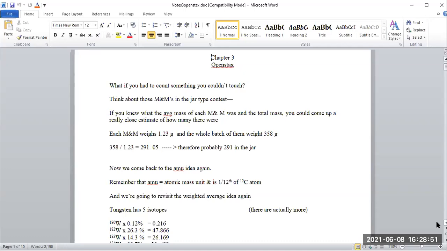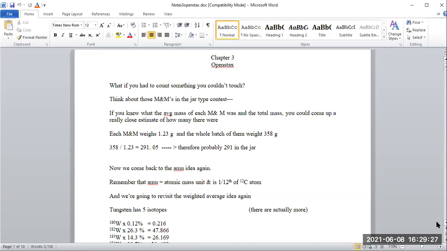So let's say each M&M weighs 1.23 grams. This is an average. And all of them minus the jar weigh 358 grams. Assuming there aren't any weird mutant or broken ones, we could get a pretty close estimate based upon this data.